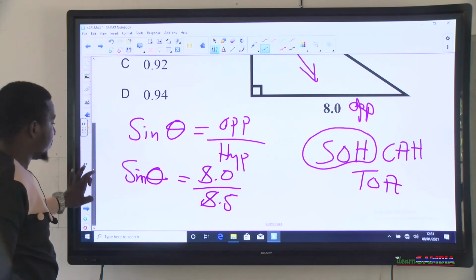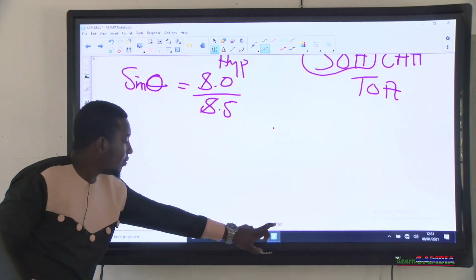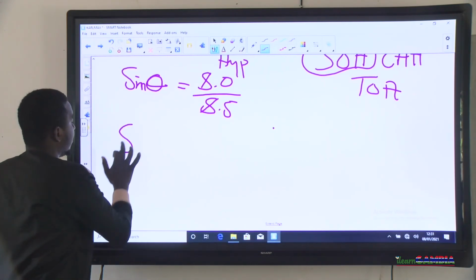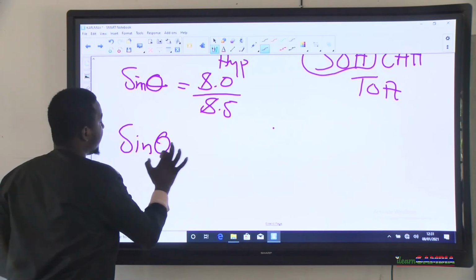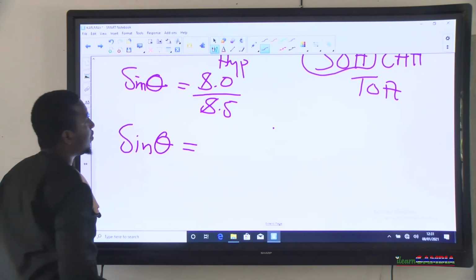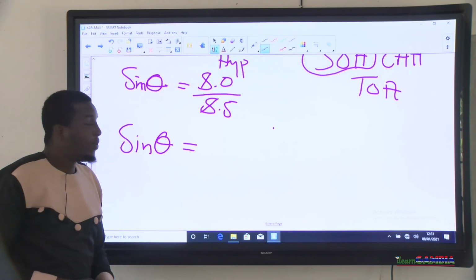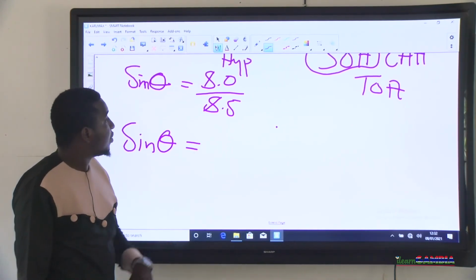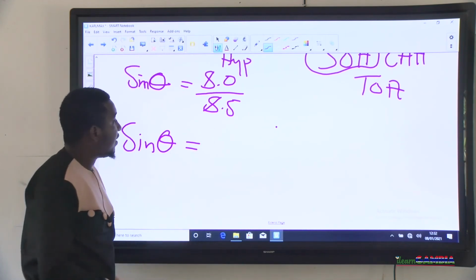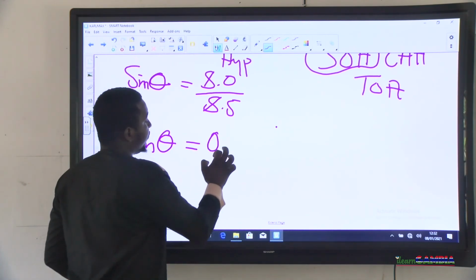So therefore, sine of the angle theta is equal to 8.0 divided by 8.5.